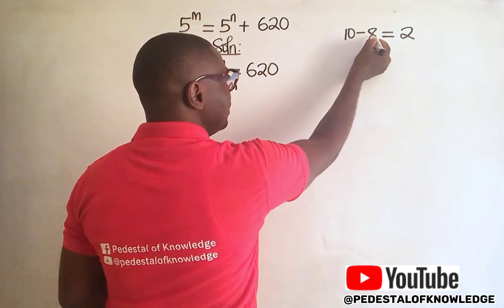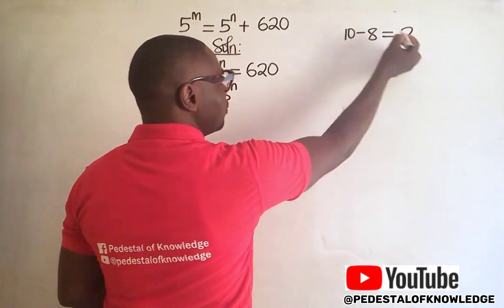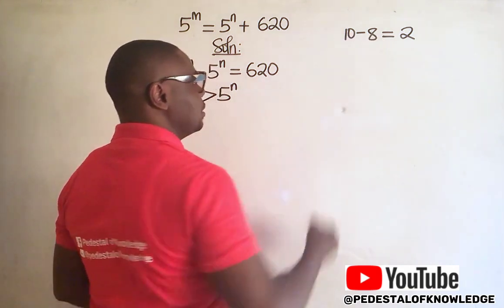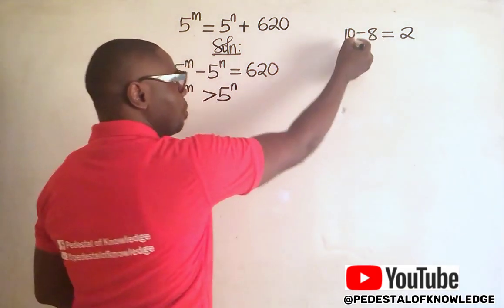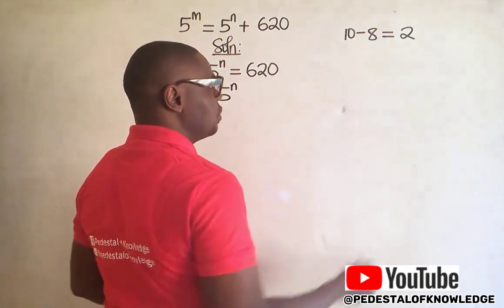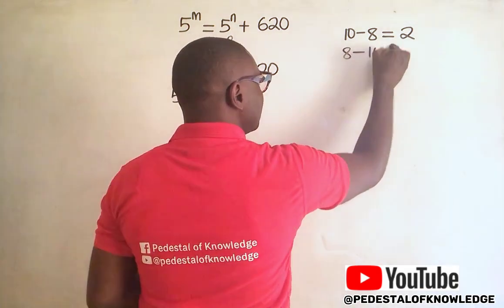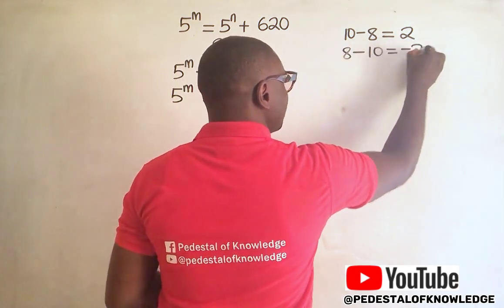So if 8 is subtracted from 10 to give us a positive value, it then means that 10 is greater than 8. Because if the numbers are swapped around, then it will give us a negative value. For instance, 8 minus 10 is equal to minus 2.